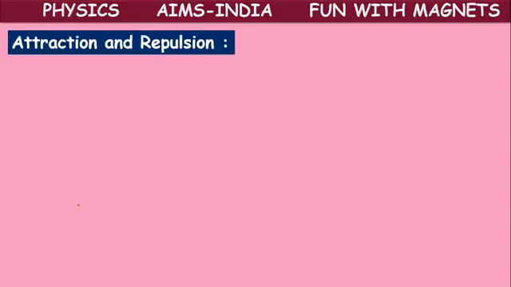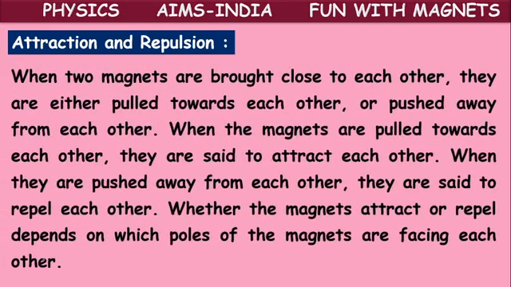Next, attraction and repulsion. Here, when two magnets are brought close to each other, close means nearer to each other, they are either pulled towards or pushed away from each other.